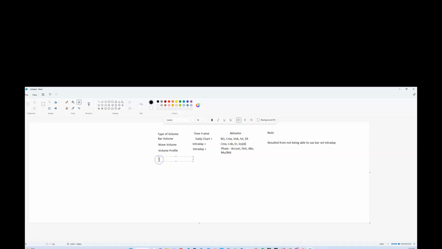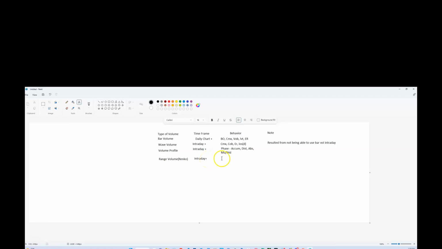Then the next type is range-based volume. All right, this is like Renko. You can use this also intraday plus, it could be daily. It's based on range, so it doesn't matter the time frame, right?